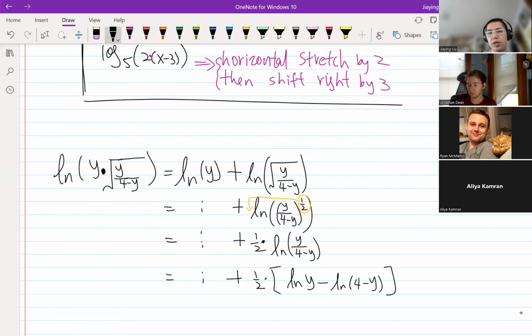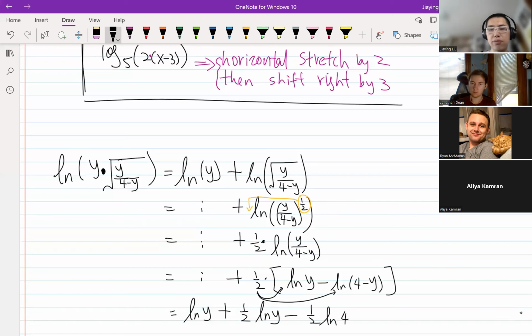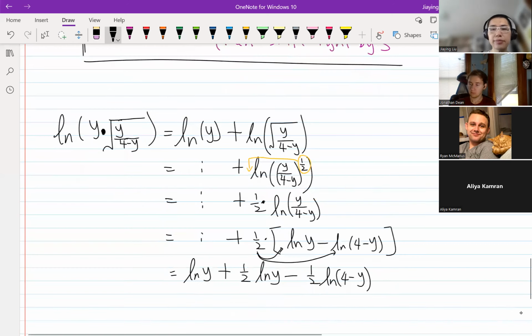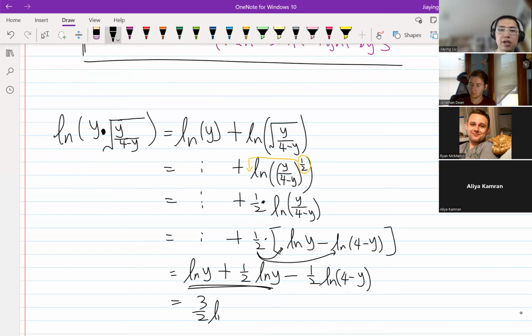Now I can simplify: I have natural log of y in front, then half natural log y if I distribute the half. So I get natural log of y plus 1/2 natural log of y, and distributing to the second term, minus 1/2 natural log of 4 minus y. The first two terms I can combine, so that becomes 3/2 natural log of y minus 1/2 natural log of 4 minus y.